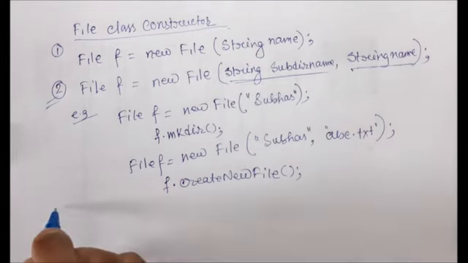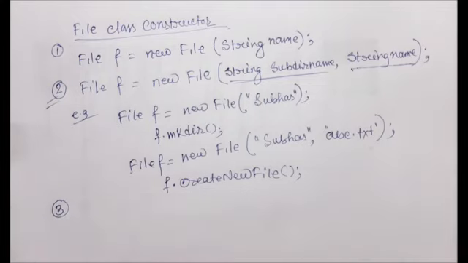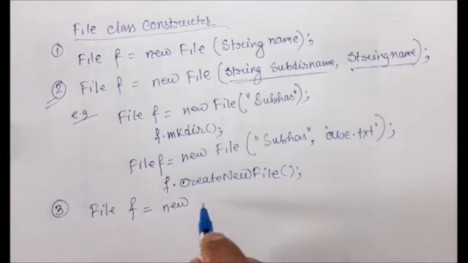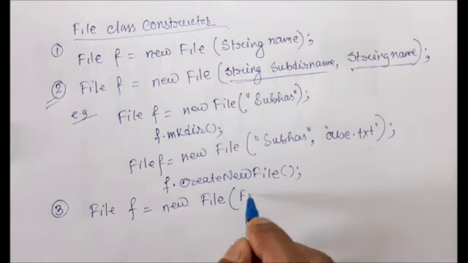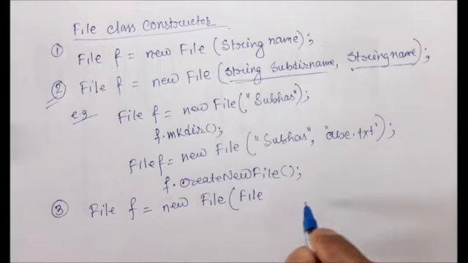And we have another constructor: File f = new File, then we can pass the entire subdirectory, then the string name. But since we have created the subdirectory, I have to mention what kind of file object it is.